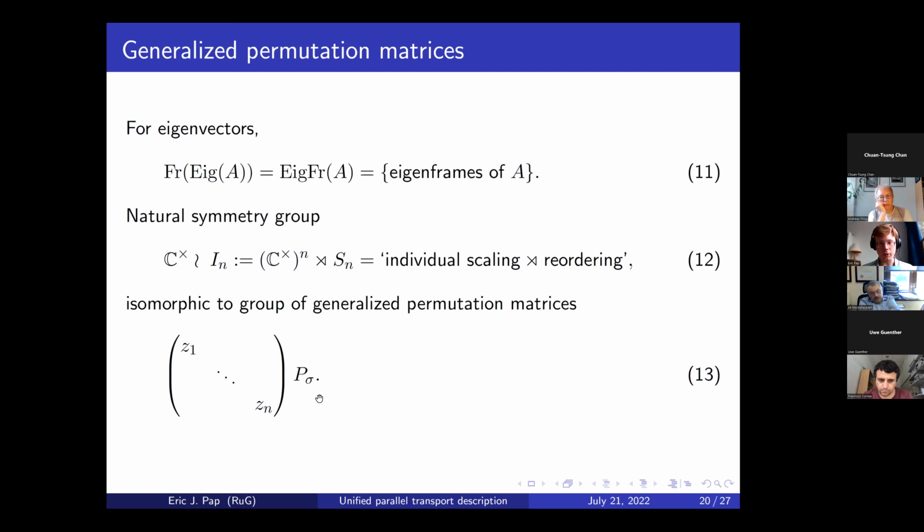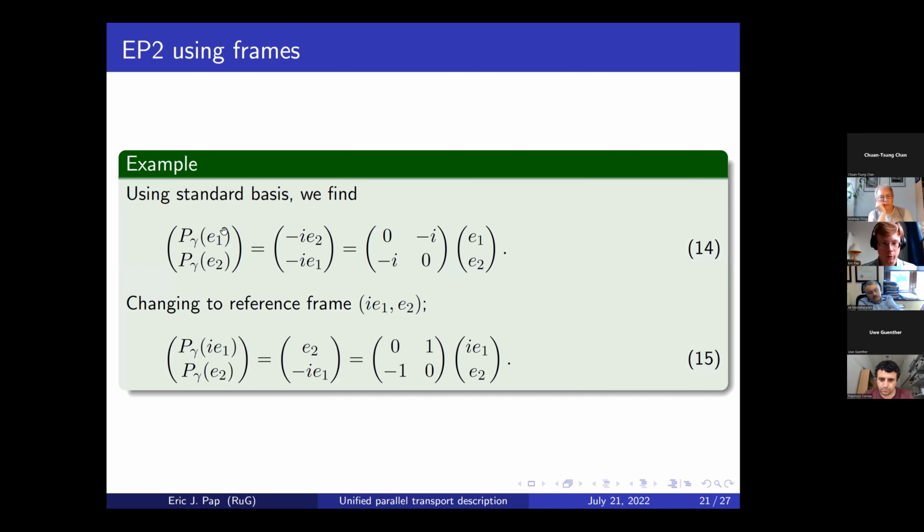So does this now help us to describe the EP2? Well, yes, it does. Because now if I pick E1, E2 as my reference eigenframe, I can consider what parallel transport does. I get some other eigenframe back, and this then differs from my initial eigenframe by a generalized permutation matrix like this. And so here you get all the phase factors in there.